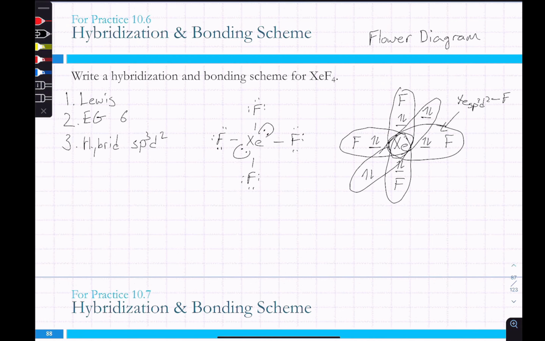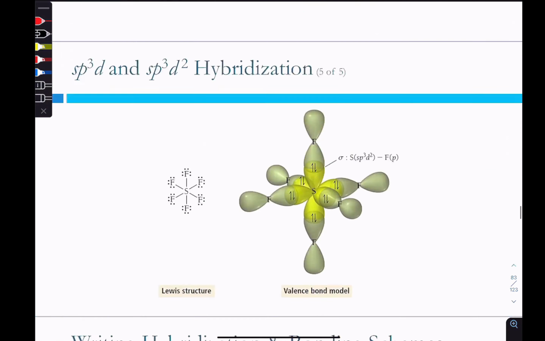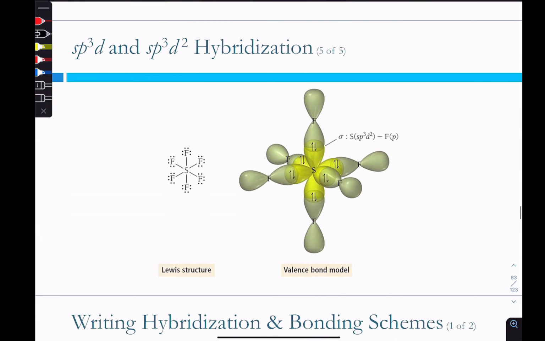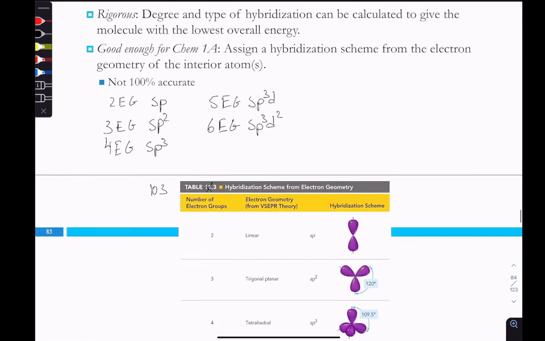Well, it's not going to be hybridized on the fluorine. We're talking about what kind? Would it be a P orbital? It wouldn't be a sigma.